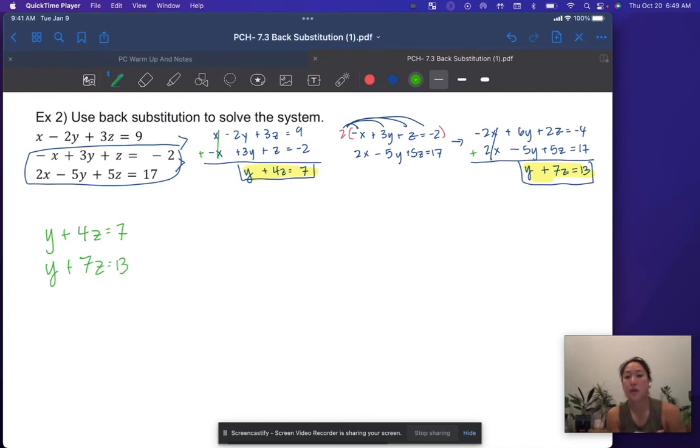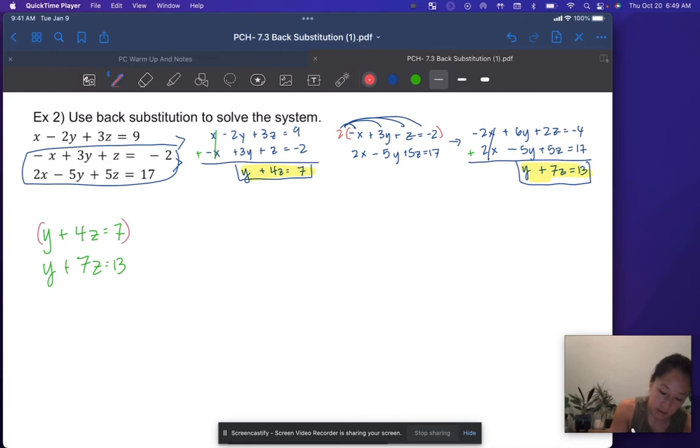So now that I have two variables, I can solve a system like normal. I'm going to go ahead and use elimination method, multiplying the top equation by negative 1. So that gives me, when I distribute, negative y minus 4z is equal to negative 7.